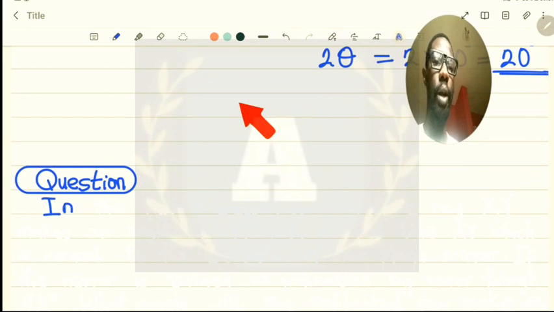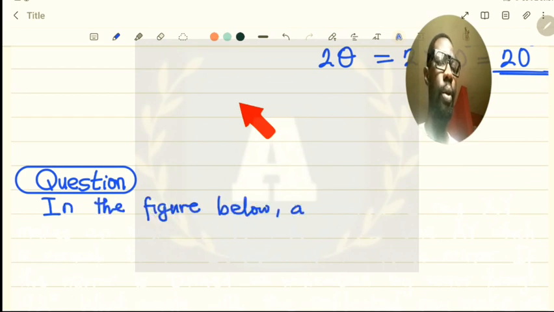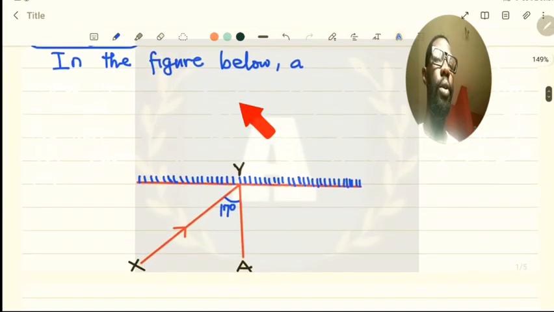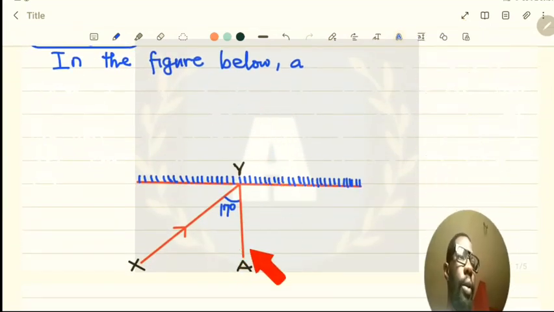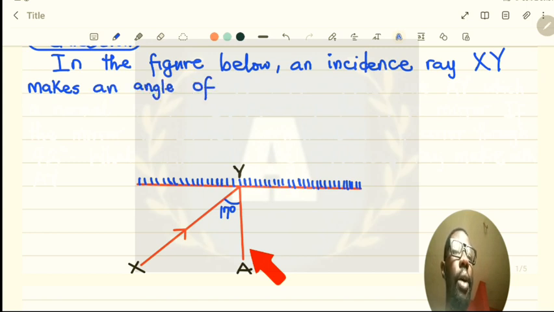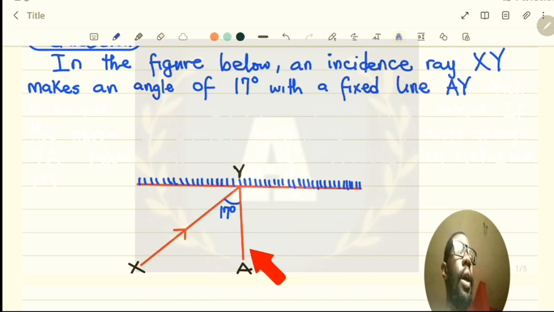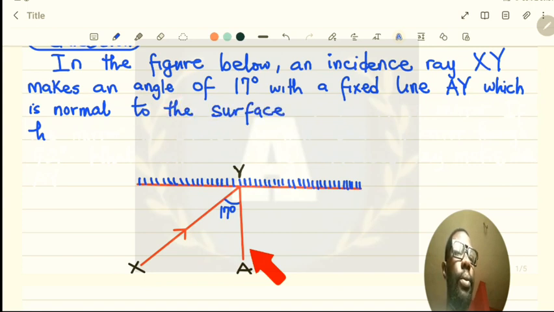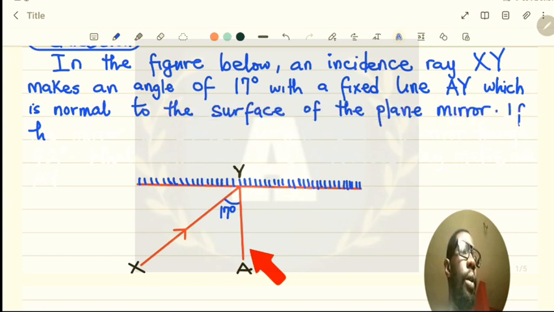It says in the figure below, an incident ray XY makes an angle of 70 degrees with a fixed line AY, which is normal to the surface of the plane mirror.